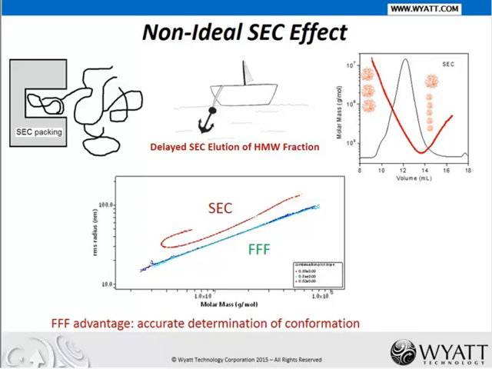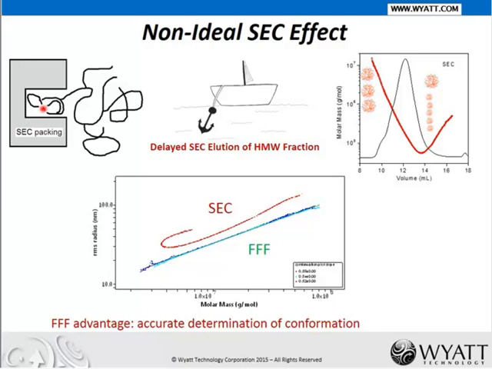So what is this anchoring effect? The anchoring effect is actually one of the 2 major non-ideal SEC effects, the other being column interaction. Usually it happens to large polymers with multiple chains, like in the case of a branched polymer.